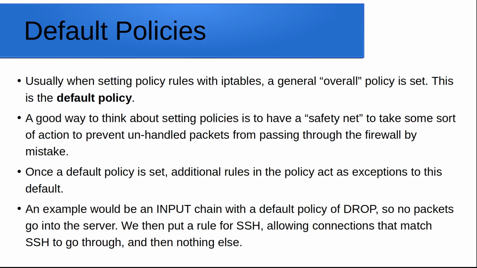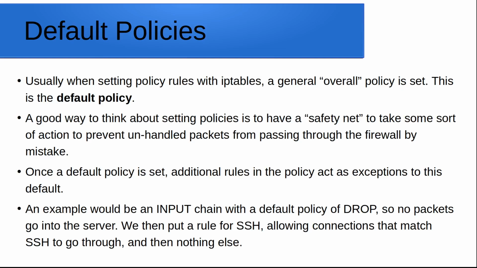Think about it from a logical perspective for a second. If you have it set to accept, then you have to think about all the types of traffic that you don't want coming into your server and create rules to block them, right? Well, it's probably a smaller list of things that you actually want incoming, right? Say you've got a web server and you've got remote access, so you need SSH as well.